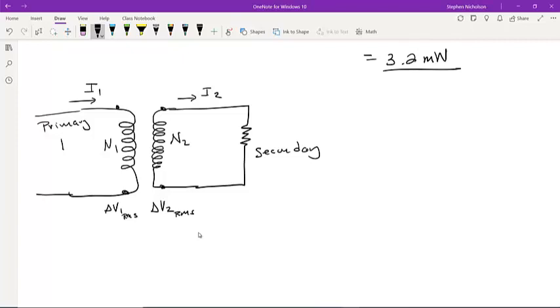It induces a time-varying current, creates a time-varying magnetic field, which then induces a voltage and hence current in the secondary loop. And so the relationships are such: V2 over V1 is equal to N2 over N1. So if you have more loops on the secondary side than the primary side, then you have a voltage increase. If it's the other way around, then you have a voltage decrease.